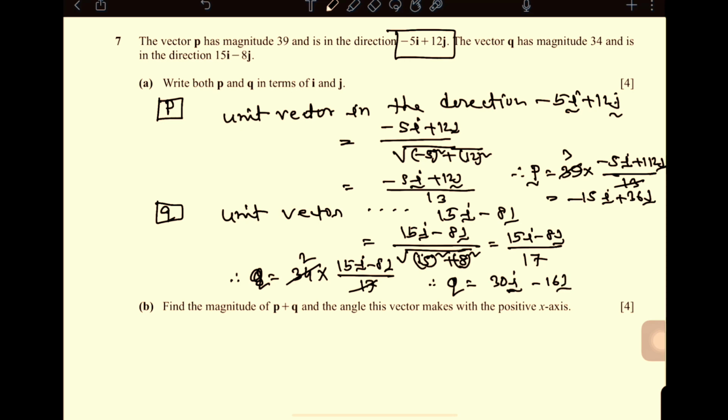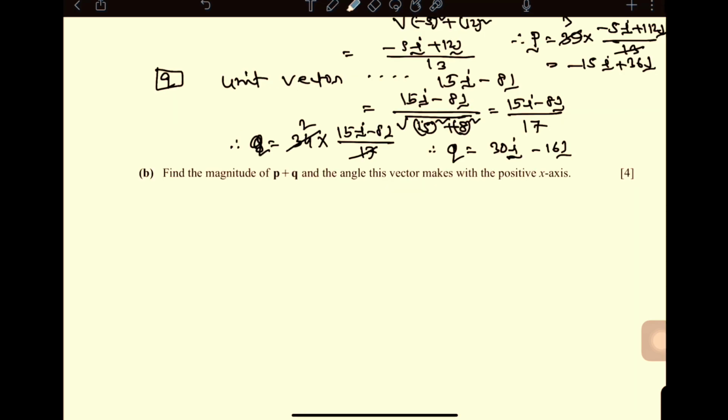Next question is, find the magnitude of p plus q and the angle this vector makes with the positive x-axis. p is minus 15i plus 36j and q equals 30i minus 16j.